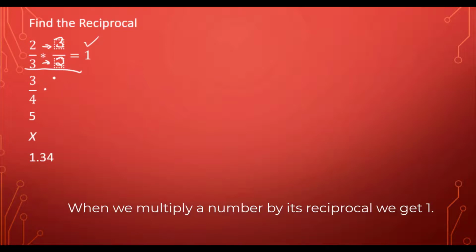The reciprocal of 3/4 is 4/3. You multiply them straight across, you get 1. The reciprocal of 5 is 1 over 5. The reciprocal of x is 1 over x, provided x does not equal 0. 0 is the only number that does not have a reciprocal.